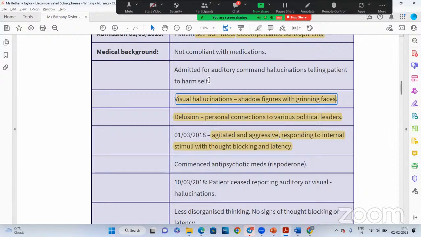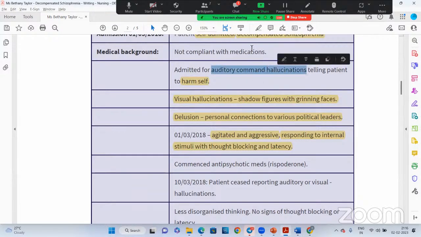Self-harm. Try to understand this. Auditory command hallucinations. Here there are auditory hallucinations and visual hallucinations, that means both audio and video.